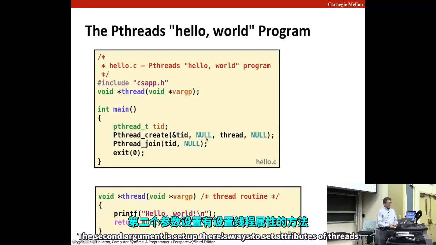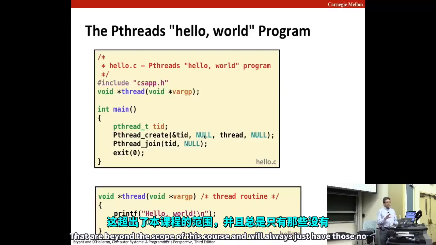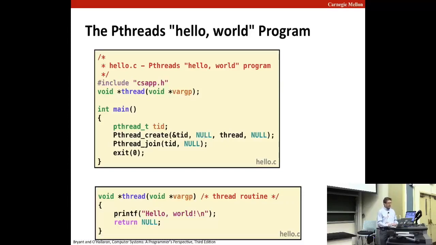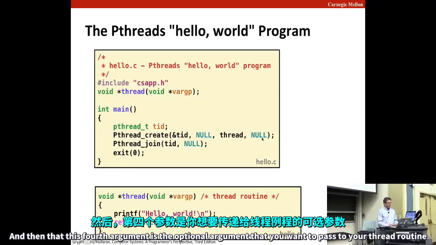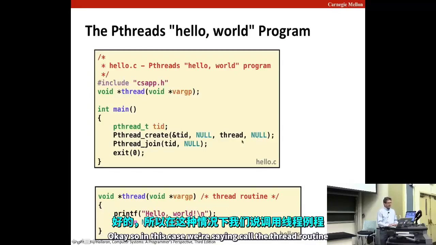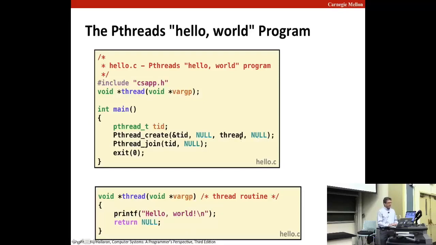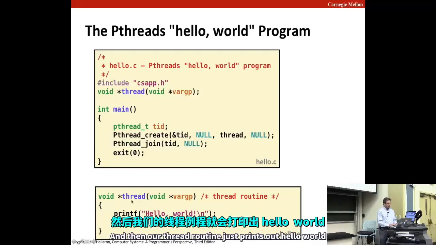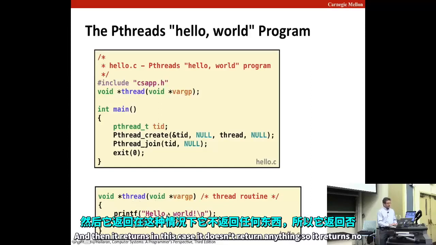The second argument sets attributes of the thread. There are ways to set thread attributes that are beyond the scope of this course, and we'll always just have those be NULL. The fourth argument is the optional argument that you want to pass to your thread routine. In this case, we're calling the thread routine called thread with no arguments. Our thread routine just prints out hello world, and then it returns.